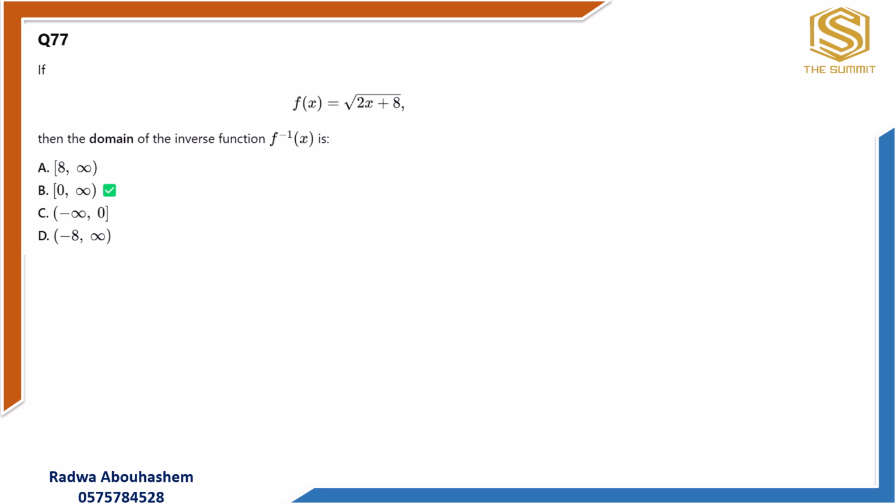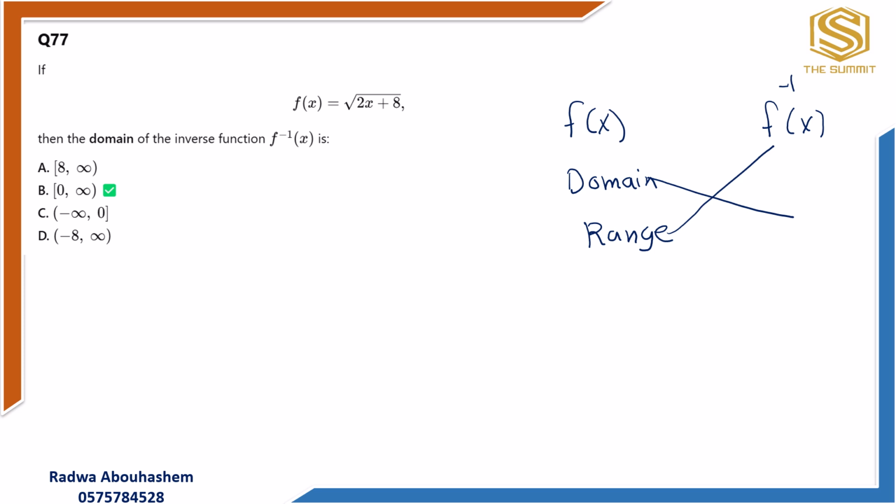Function of x equals the square root of 2x plus 8. Then the domain of the inverse function. Okay, do you remember that? We have here function of x, and we have the inverse. For this one, you have the domain, and you have a range, right? We switch. If we have the inverse, you switch the range and the domain. So this means that the domain of the inverse function would be the range of the original function.